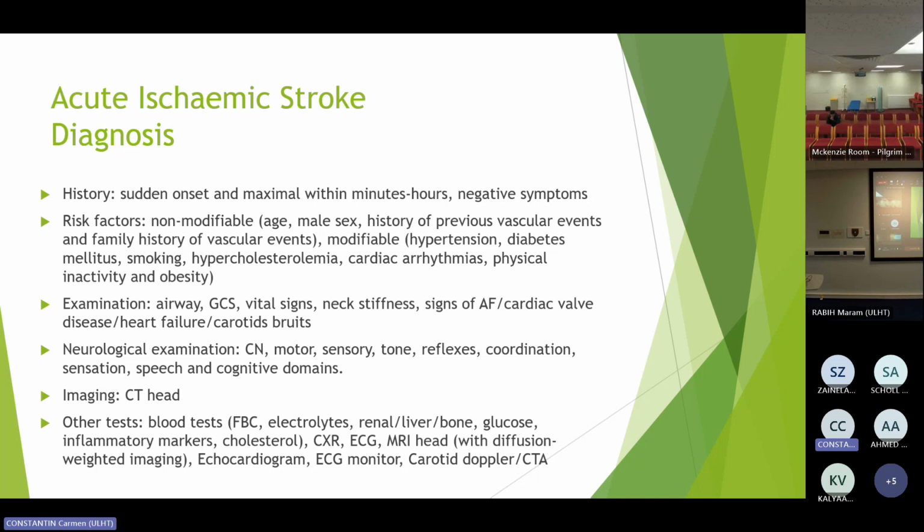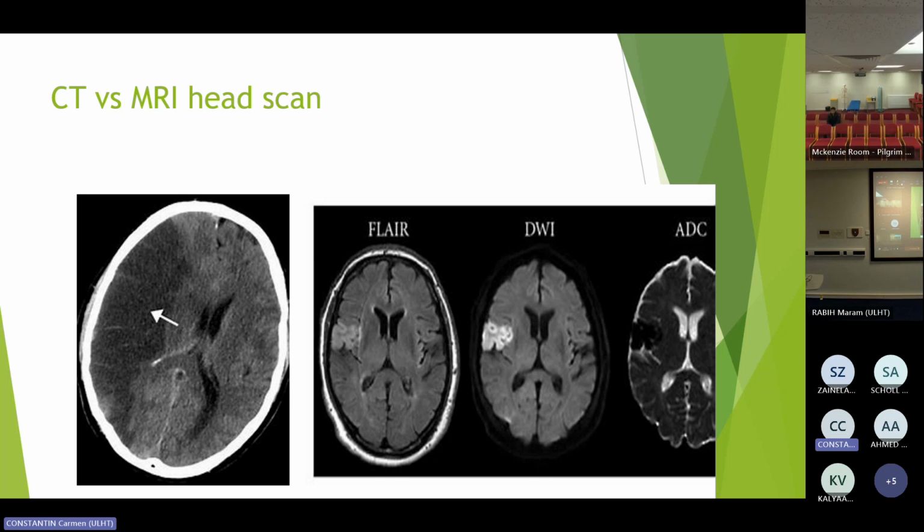So carotid Doppler generally is for patients who have a non-disabling stroke, so the patient can mobilize in one way or another. And CT angiogram generally is done on admission in the acute setting when the CT head scan is excluding a bleed.